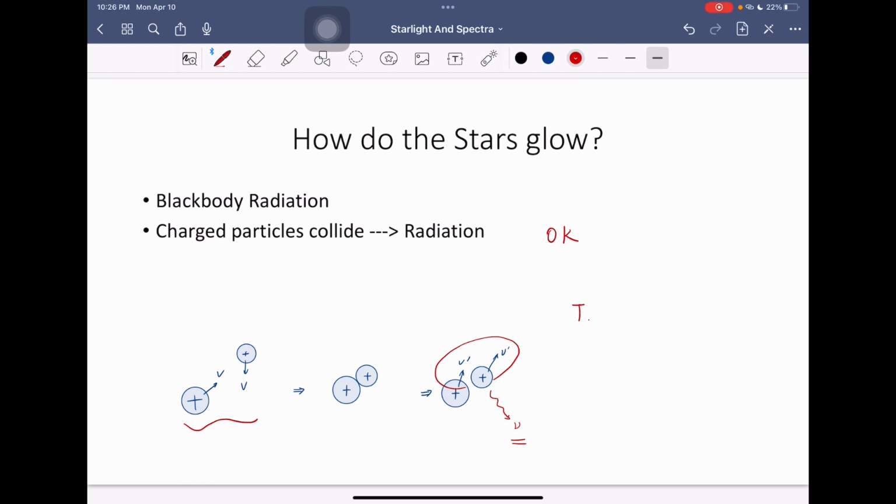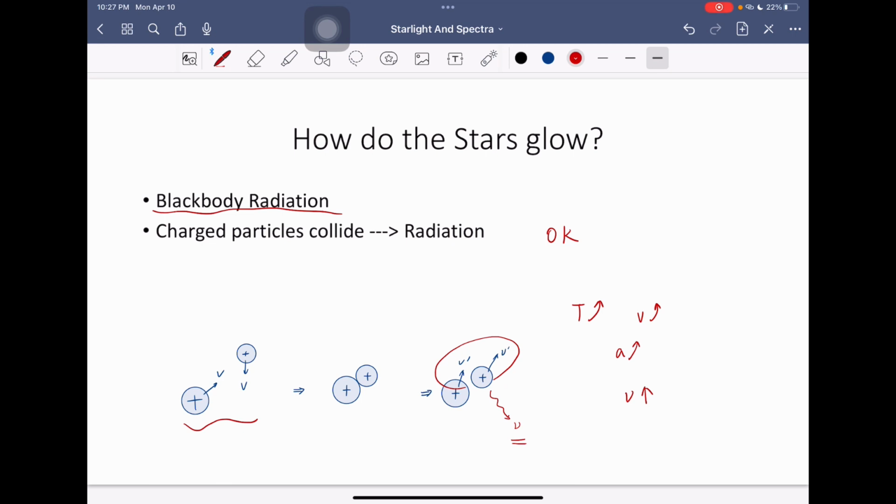And the higher the temperature they have, the higher velocity they have. So they are more likely to have higher acceleration, thus the higher energy in light, and the higher the frequency the light has. And we call this mechanism blackbody radiation.